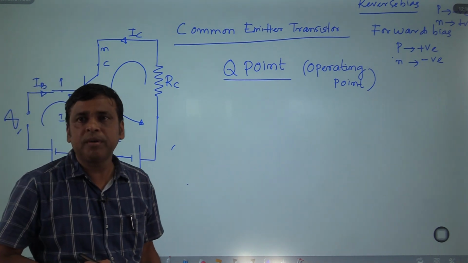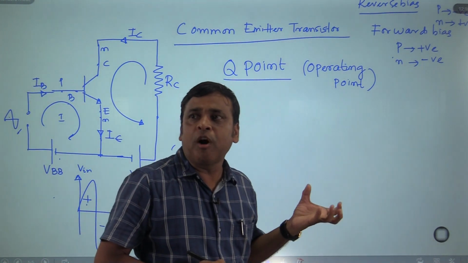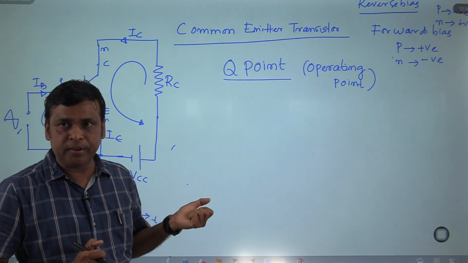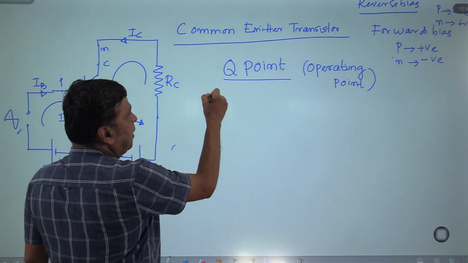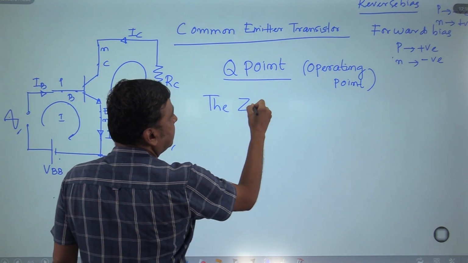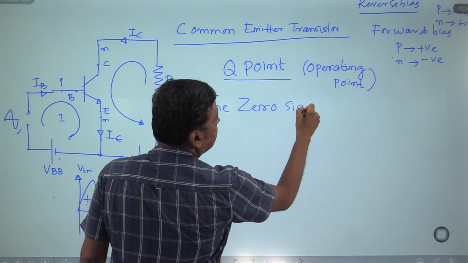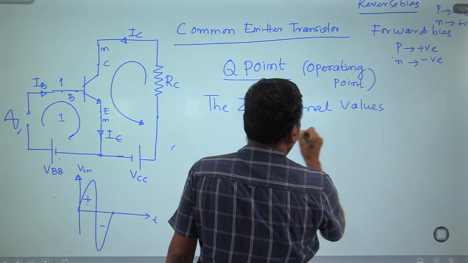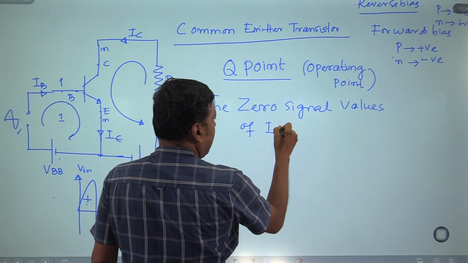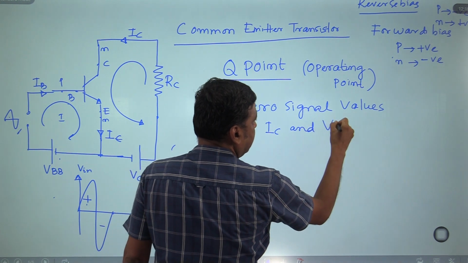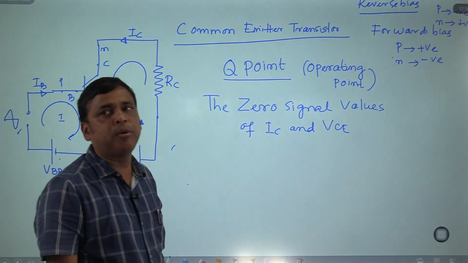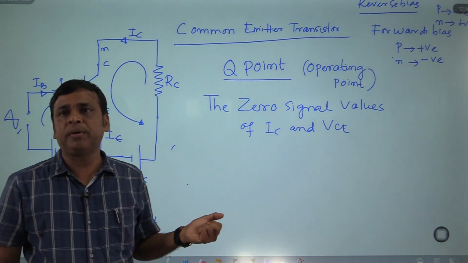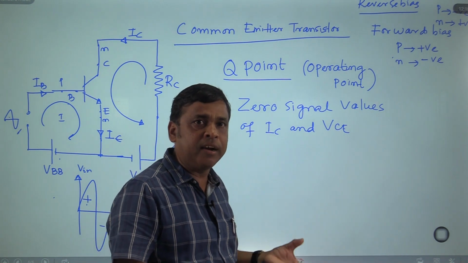What do you mean by Q point? The point where the transistor is operating is called the Q point. The zero signal values of IC and VCE, where VCE means collector emitter voltage, is nothing but the Q point, the point where the transistor is operating, or the point where the transistor is silent.